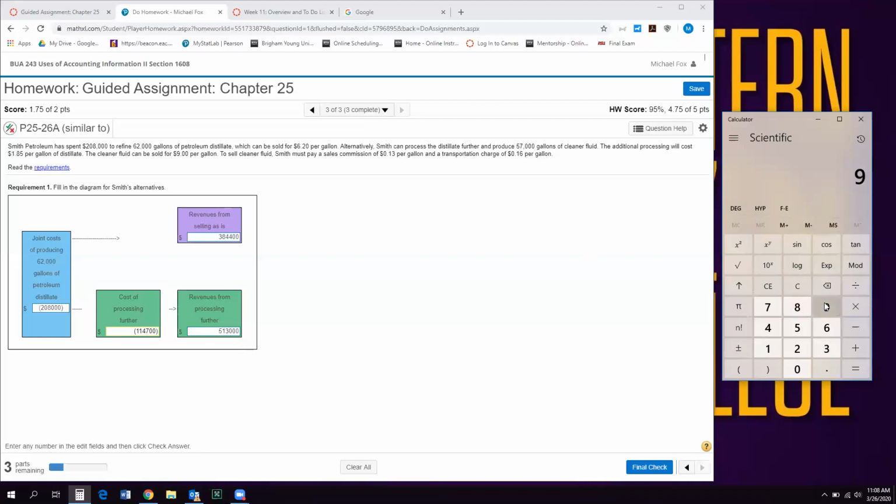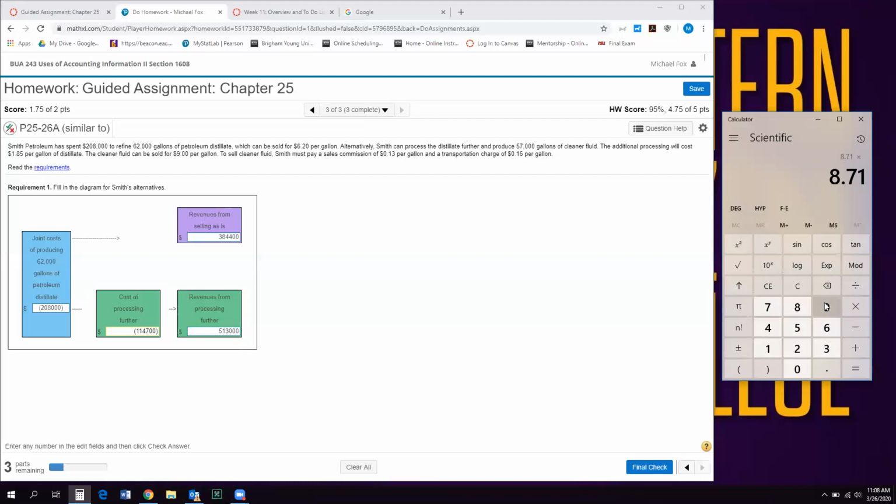So we could try, I don't think this is going to do it, but we could try doing our $9 minus 13 cents of sales commission minus 16 cents for transportation. But we would call those expenses. We wouldn't call them negative revenues. So I'm confused by this a little bit.